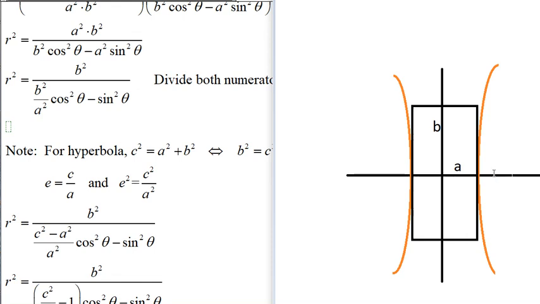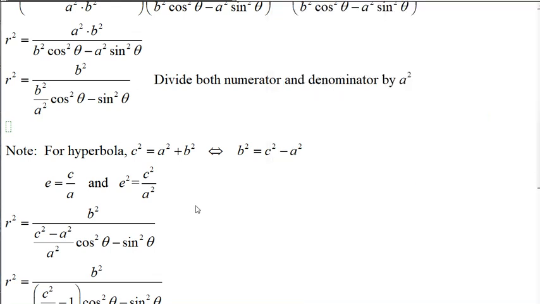So a is from center to vertex, c is center to focus. We have focus number 1 here, and focus number 2 here. And so b squared is equal to c squared minus a squared. And then eccentricity is defined as c over a, or e squared is c squared over a squared.